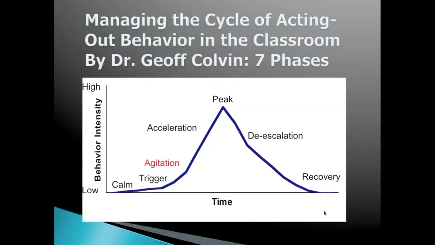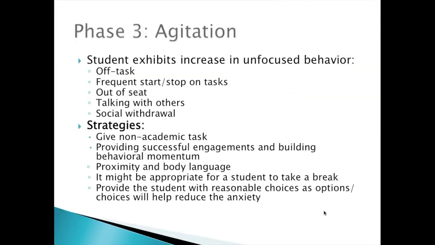However, that student may go into the next phase, which is agitation. And in agitation, the student will exhibit an increase in unfocused behavior and become off task. You may see frequent start and stop on tasks, perhaps out of the seat, talking with others, or potentially social withdrawal.